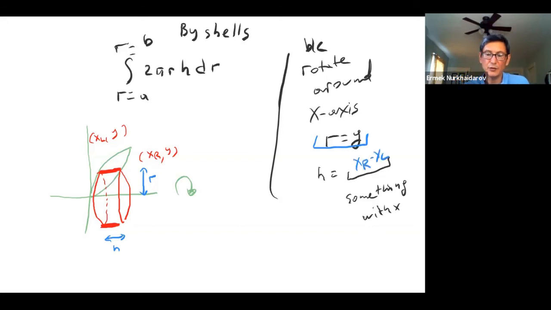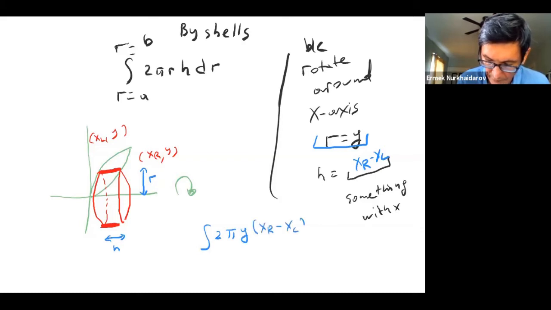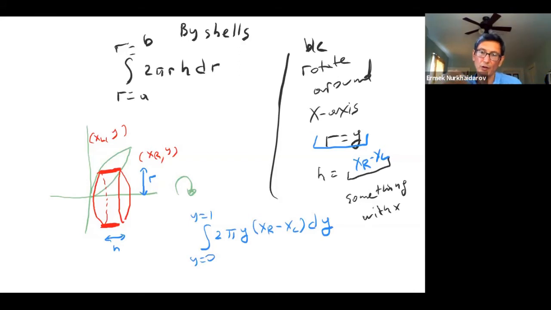Again, that is something we were predicting earlier, that h will be something in terms of x, and r is y. We're ready to write down our equation: integral of 2 pi y (x right minus x left) dy, where y is changing from 0 to 1, as we observed earlier.